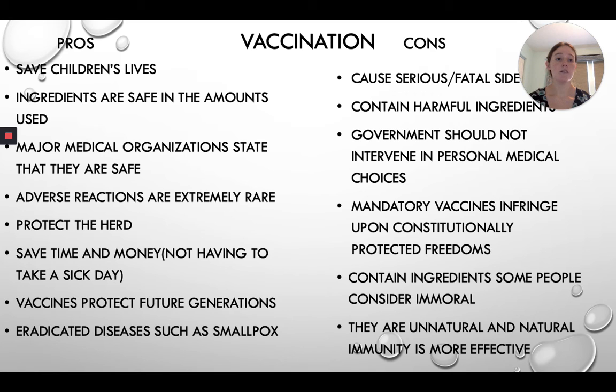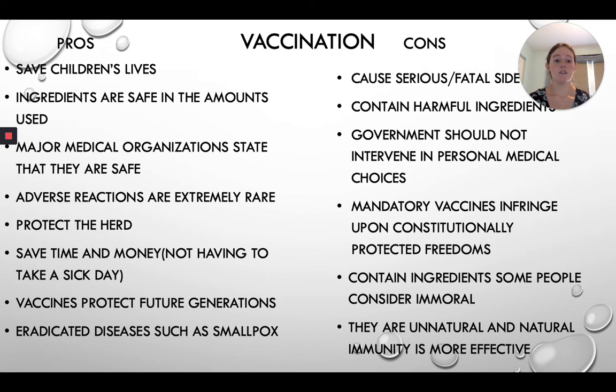Now, if you are a part of the anti-vax movement, you would look at the cons of vaccinations, which is that they can cause serious fatal side effects. Sometimes they do contain harmful ingredients, even though they are safe in the amounts that they are used. They say the government should not intervene in personal medical choices. Mandatory vaccines infringe upon constitutionally protected freedoms. For example, if you work in a hospital, you might be mandated to get a flu shot or you'll lose your job.